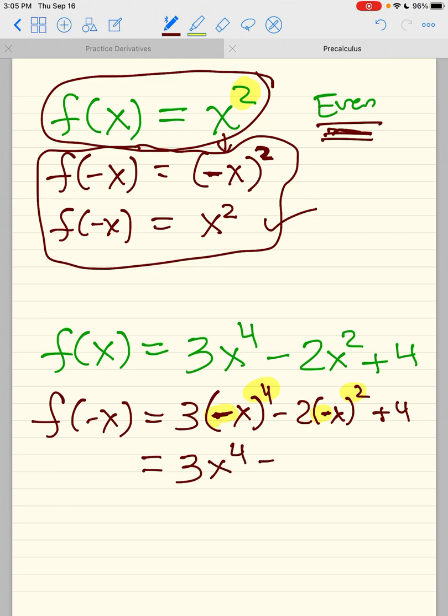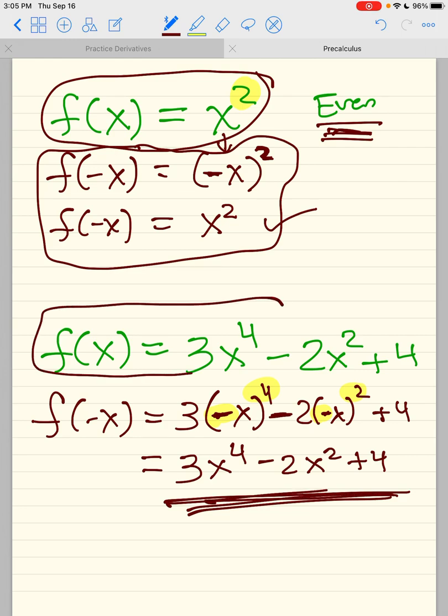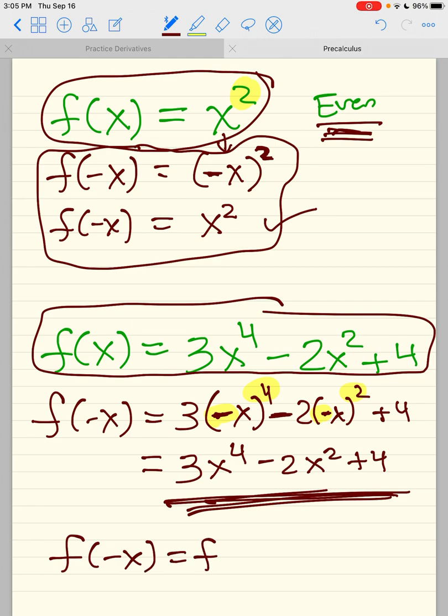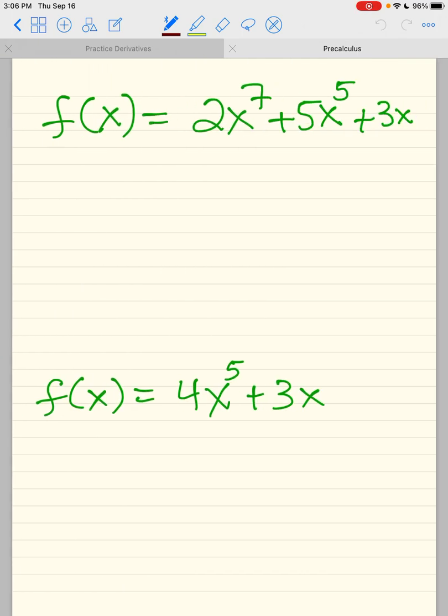It's just negative 2x squared because the negative comes from this 2, and then plus 4. If you take a look at this, it's exactly your original function. So since f of negative x equals f of x, it's even. And if you guys wanted to graph this, you'll see it's symmetrical with the y-axis, okay?